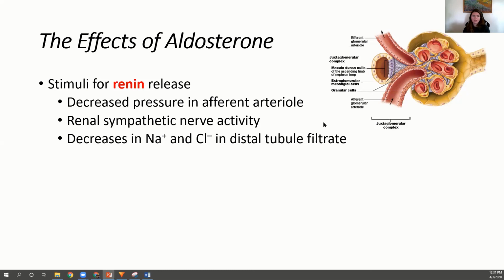At a certain point, we see really low amounts of sodium and chloride in the filtrate, which we might see because no matter what, we have to keep that active transport of sodium and chloride out of the filtrate in order to keep the medulla at a high enough osmolarity to reabsorb water. So sometimes we can see really low concentrations in the tubule filtrate, and under those conditions, we're also going to be stimulating the release of renin.